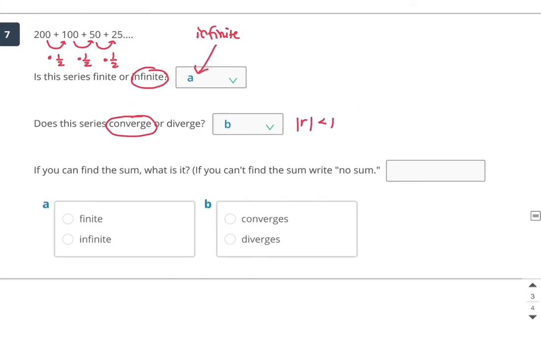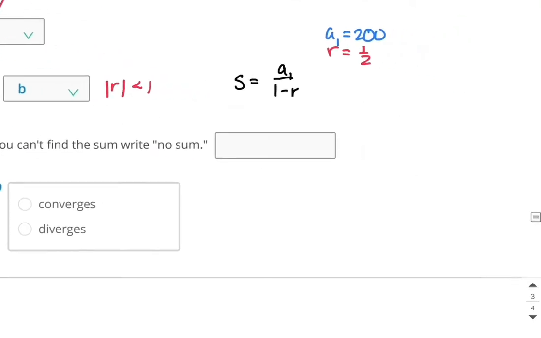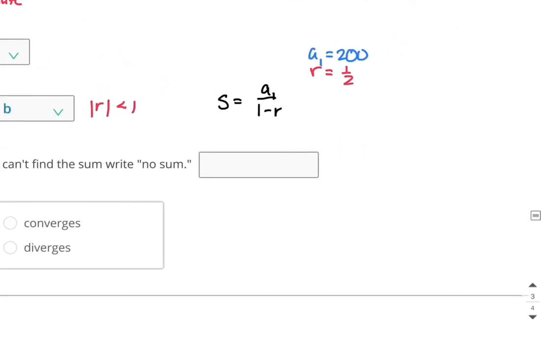And the sum is, I'm going to use the formula s is equal to a sub 1 over 1 minus r. I have my a sub 1, it's 200, and r is equal to 1/2, and then I just plug those numbers in here.